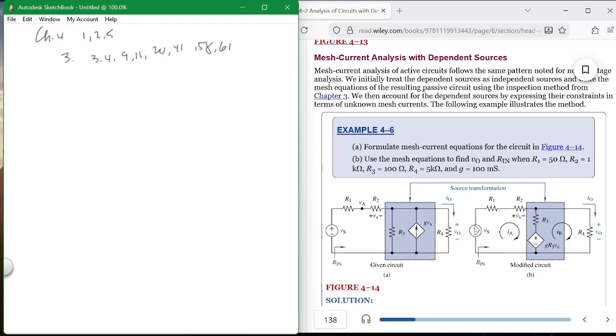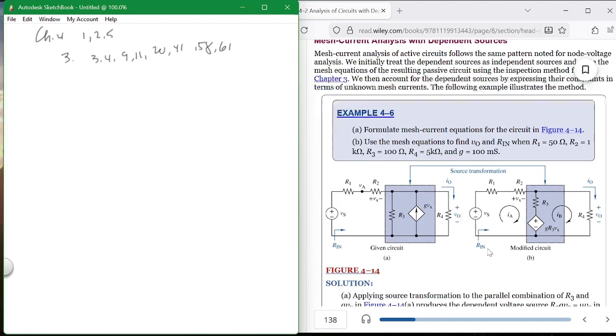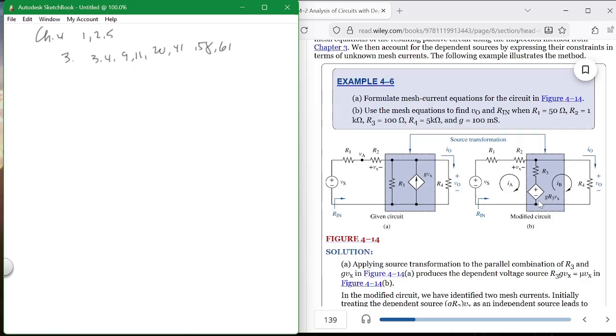Now, they can do mesh analysis with dependent sources, and that's the way it typically would be solved if you have combined circuits. I would use mesh analysis. This would be the approach that I would use.